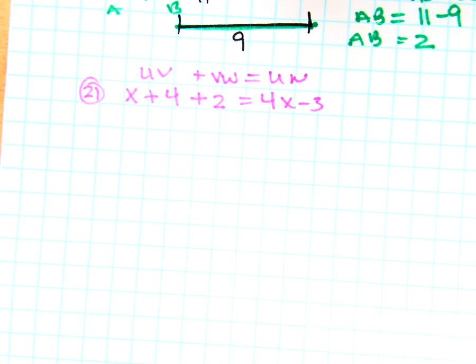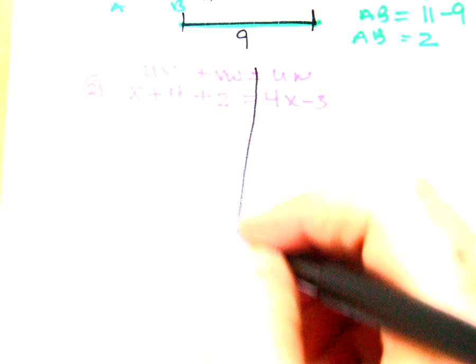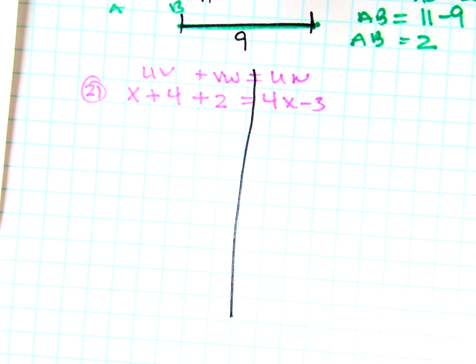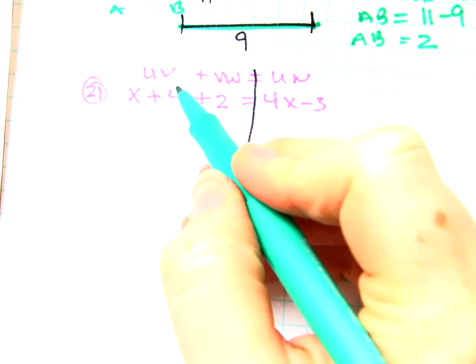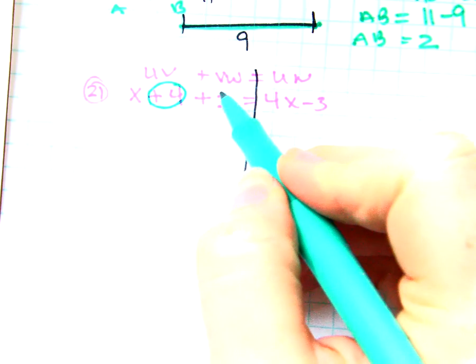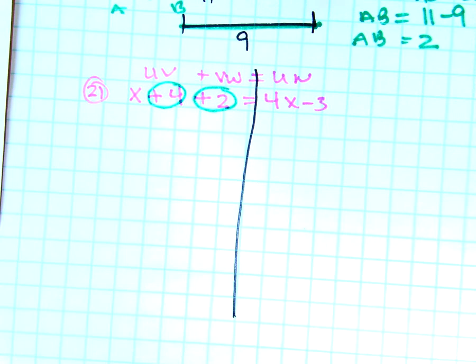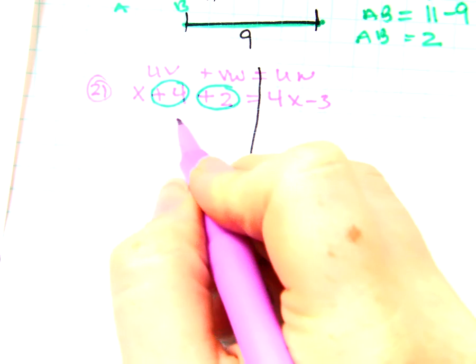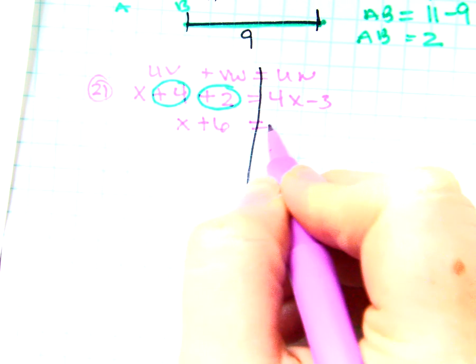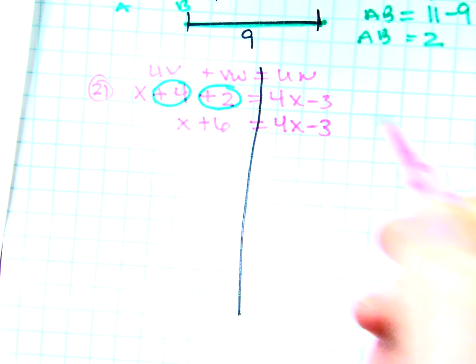So I'm going to do that thing where I organize my space. I'm going to put a line through the equal sign to keep me organized. And then I'm going to look for like terms. So right here we can see I have a positive 4 and a positive 2. I'm going to be able to combine those together. So I have x plus 6 is equal to 4x minus 3.